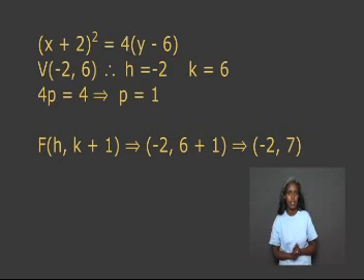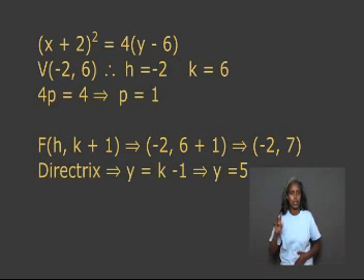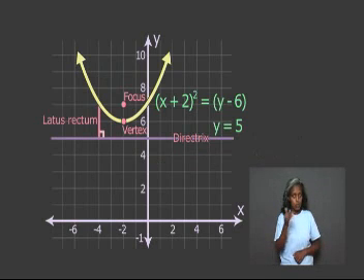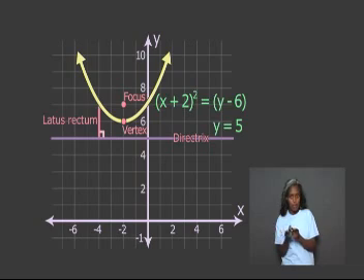The focus is at (-2, 7). The directrix is y equals k minus p, so y equals 5. The graph of the parabola looks like this. Please compare your sketches and make sure that you have labeled the parts of the parabola correctly.